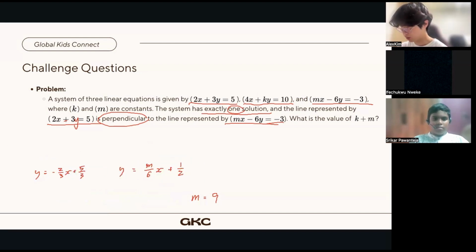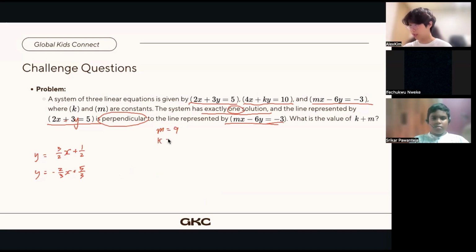Let's rewrite it. In the second equation with the variable m, we can now replace the m with a value of 9. So we get y equals, if we put 9 over 6, 3 over 2 x plus 1 over 2. And once again, we'll put it in the corner here, m equals 9.